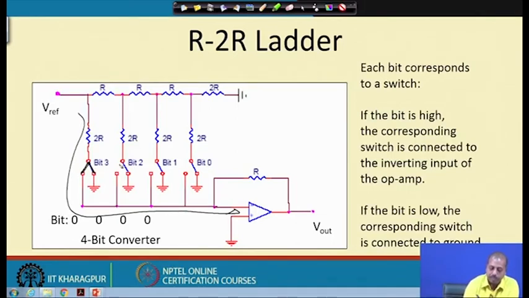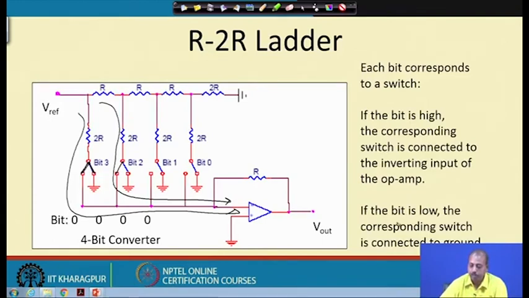Similarly, for the second bit, maybe it is connected like this. As a result, there is no current contribution, but if it is connected in this fashion, then again a current contribution will come. So, it is a summing type of structure. Each bit corresponds to a switch. If the bit is high, the corresponding switch is connected to the inverting input of the operational amplifier.